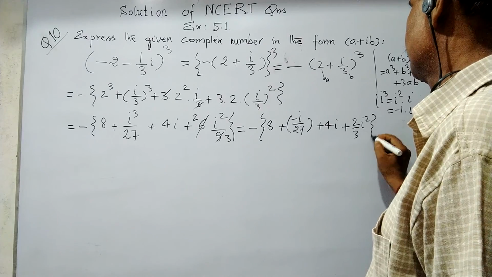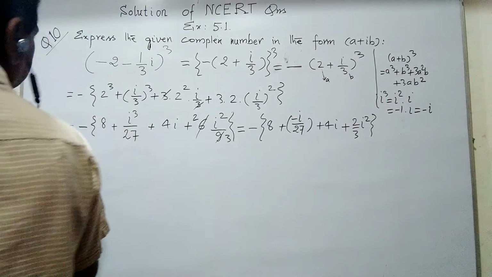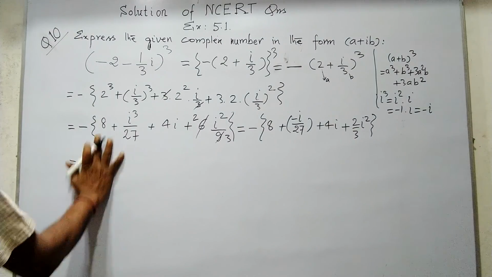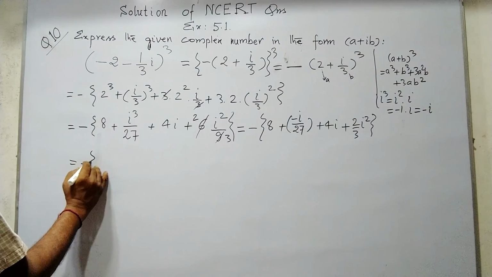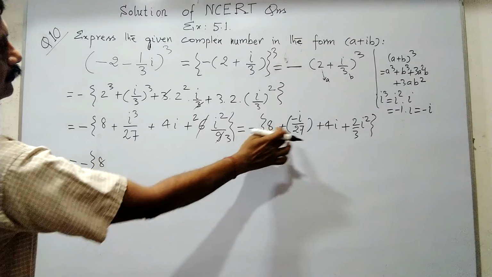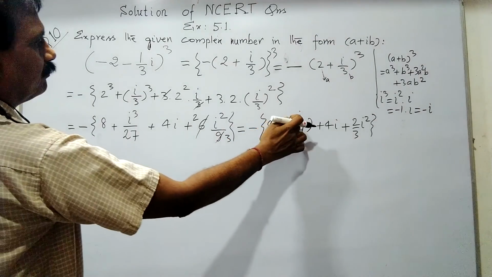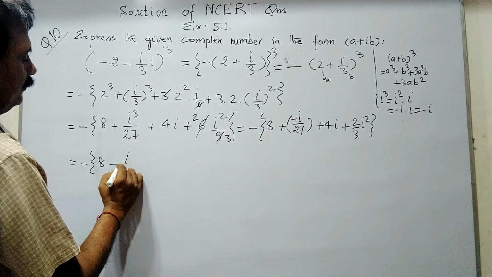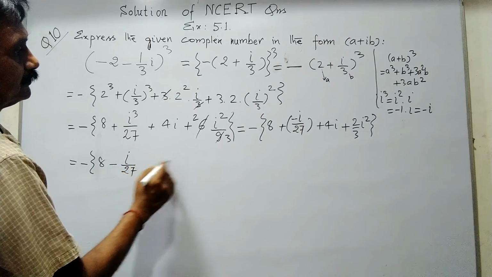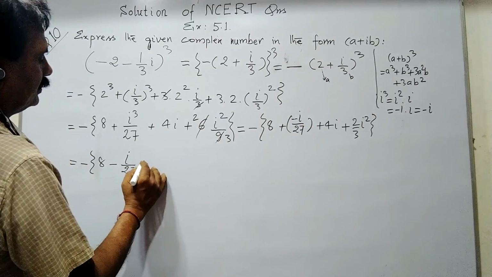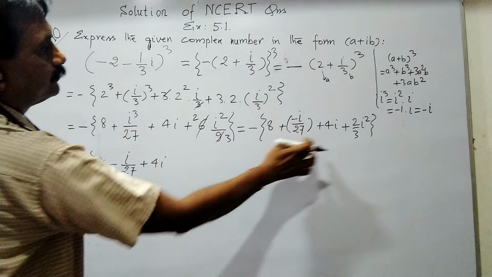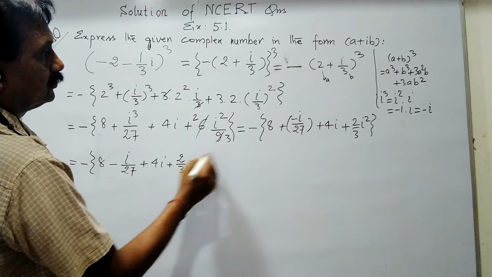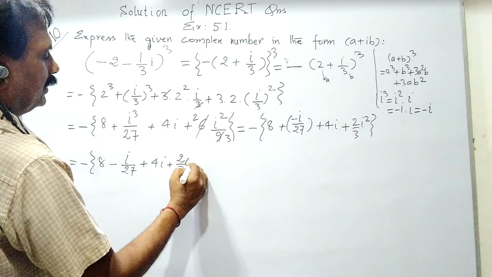Then write down here minus 8, this is plus, minus, that is plus into minus, minus i by 27, and this becomes plus 4i, and this is 2 by 3 into i square, means minus 1.